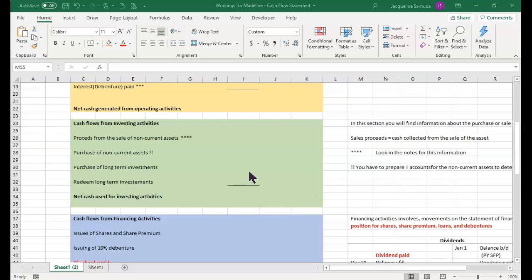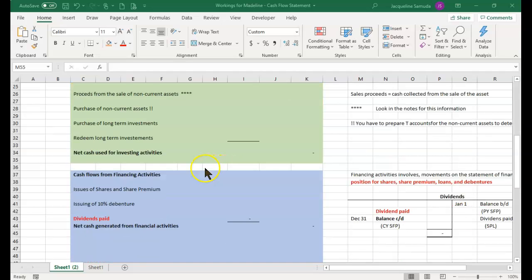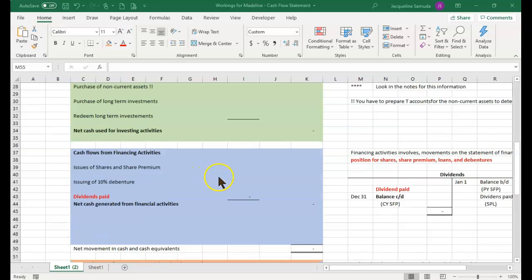So all those transactions that involve non-current assets and long-term investments will show up in this section, the second section of the cash flow statement. Then we come to the third section, and this section deals with shares, share premium, and the debentures.